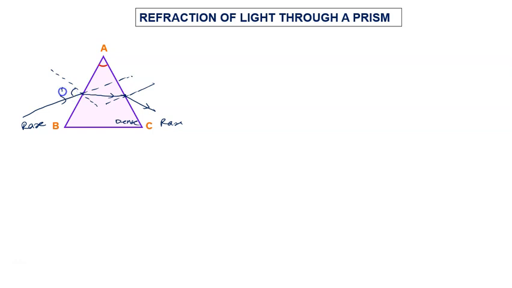This angle is known as the angle of incidence, I. This is known as the angle of refraction, R1, at the first surface. This is known as the angle of emergence, E, and this angle R2 is known as the angle of incidence at the second surface.